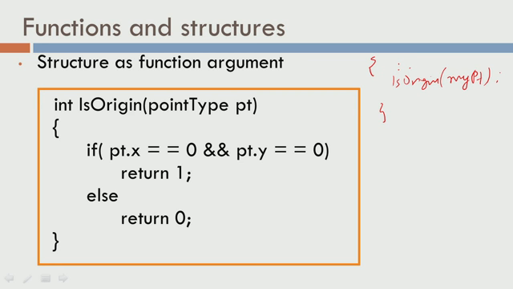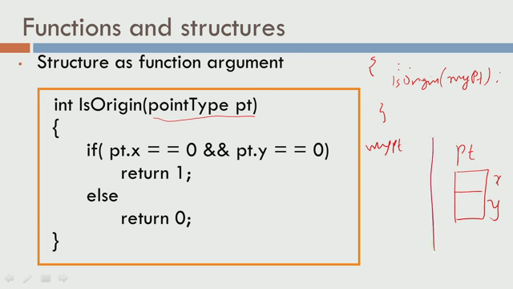So when you make this function call, remember, this is actually passing by value, right, functions, and you have something which is passed on by value. So pt is something which is local and it has two things, namely x and y, and my pt is in the caller, and caller has two things, x and y.